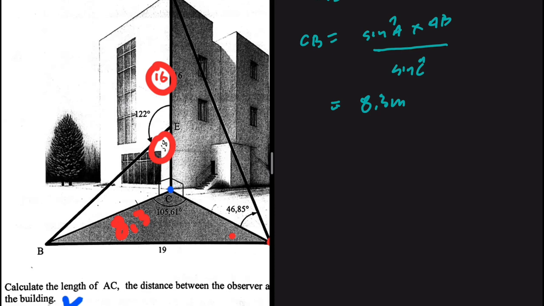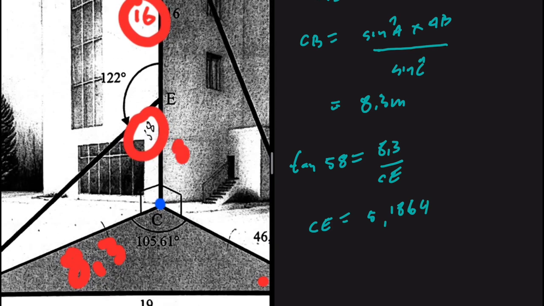So I'm looking for the adjacent. So tan of 58 is equal to 8.3 divided by CE. So CE is equal to 8.3 divided by tan of 58, which is 5.1864.